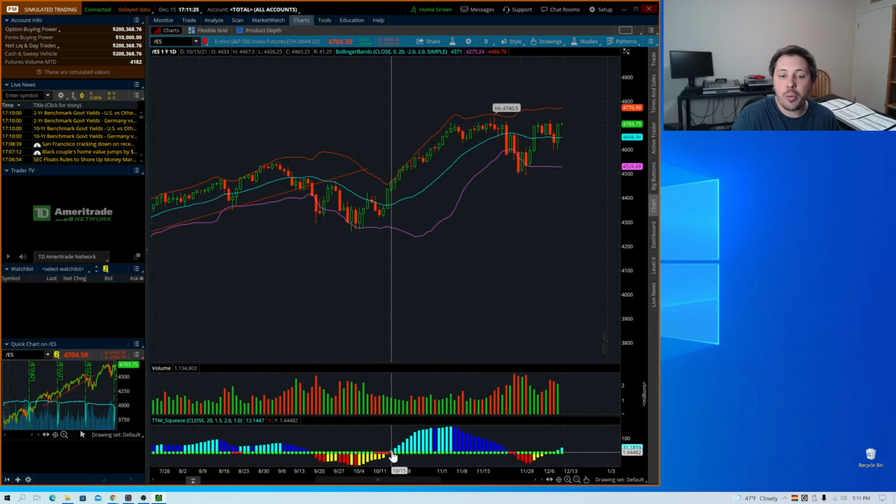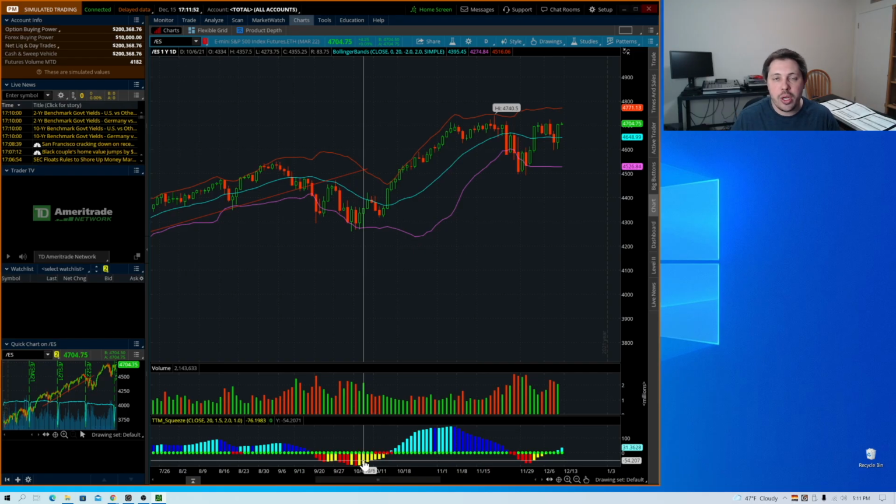So we can see that, okay, this thing was squeezing. And when we look at the histogram, the way that this works is when the histogram is negative and it's red, it means that momentum is increasing. Okay, and when the momentum here is below zero and it goes from red to yellow, it means that the momentum is starting to change, right?